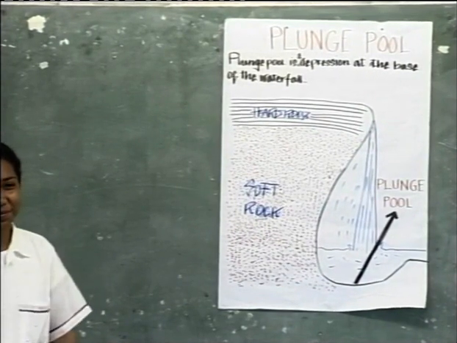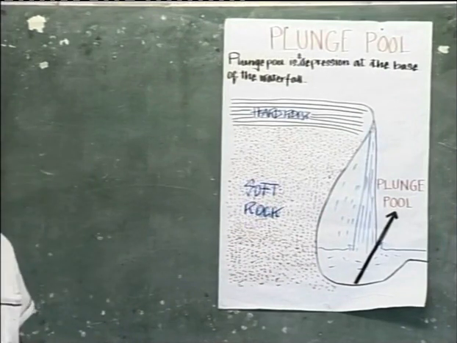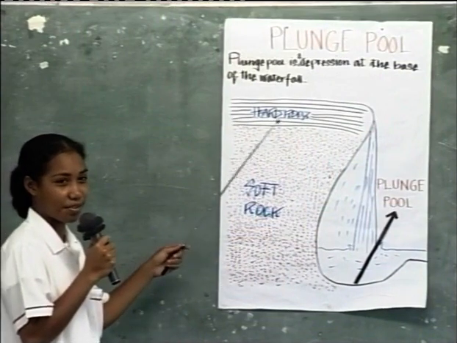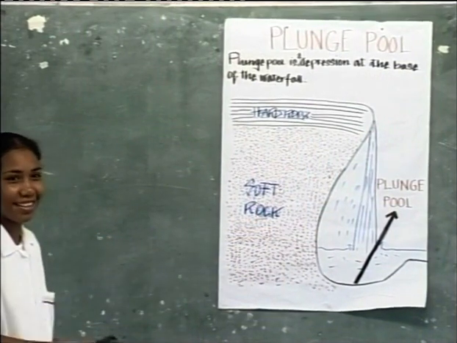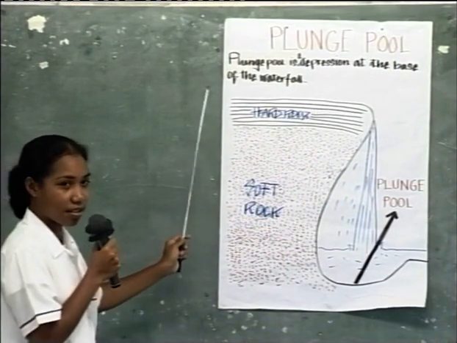Val, your question? As the waterfall is eroding the lower part, as the erosion takes place, what happens to the hard rock above the eroded rock below it? Does it actually fall, or does it change in shape?